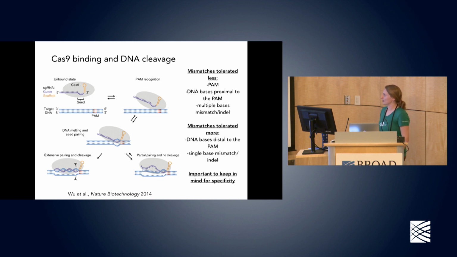Lastly, if there are multiple base mismatches or indels, Cas9 is also less likely to cut. But Cas9 can cut at non-targeted sites if the mismatches occur at the distal ends from the PAM, or if there's a single mismatch or indel.